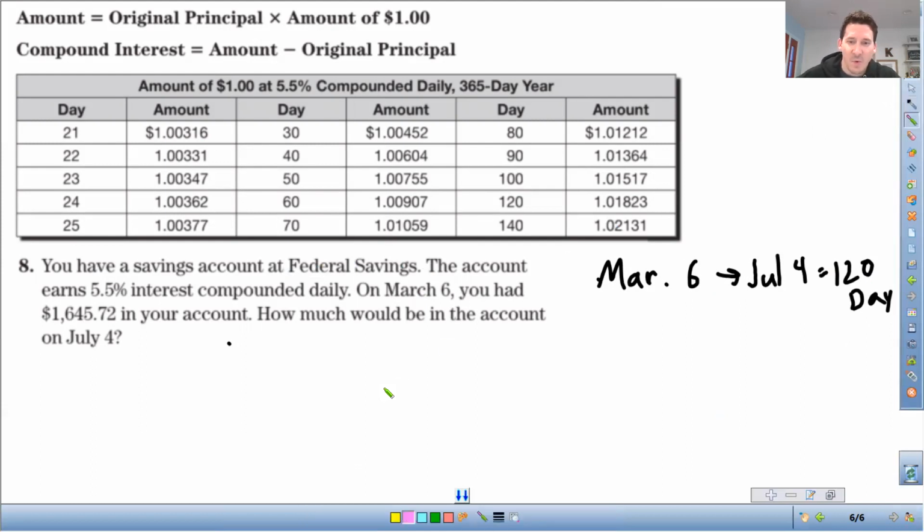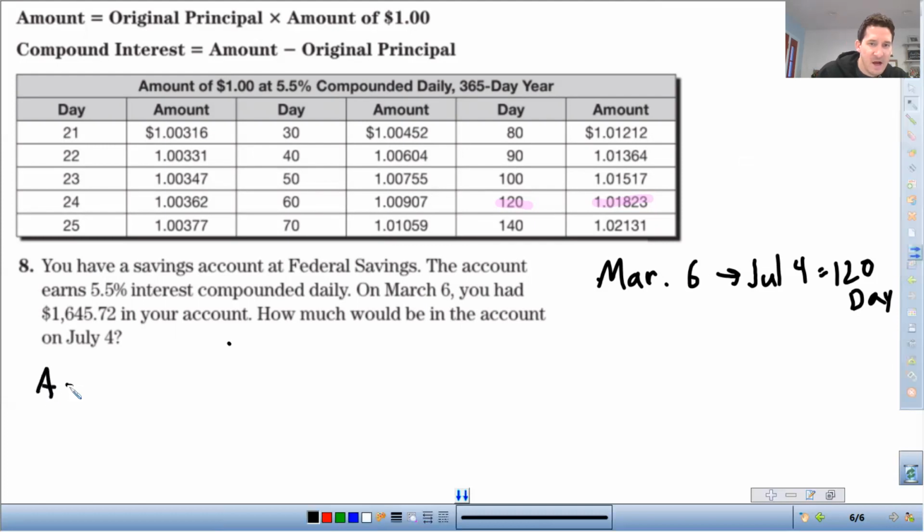It's not that good of a way to do it, but it's 120 days. So we are using this table value, 1.01823. So the amount in the account, you take your original principal, $1,645.72, multiply it by the value from the table, 1.01823.